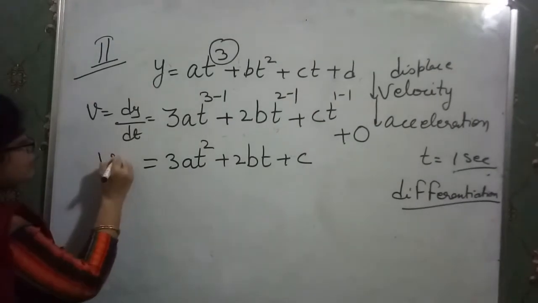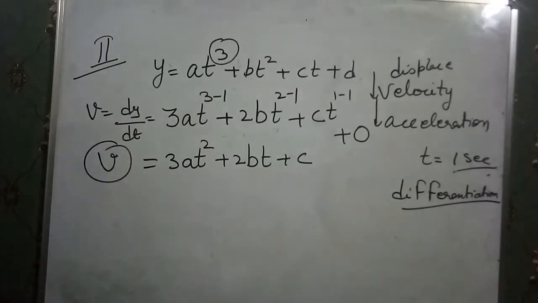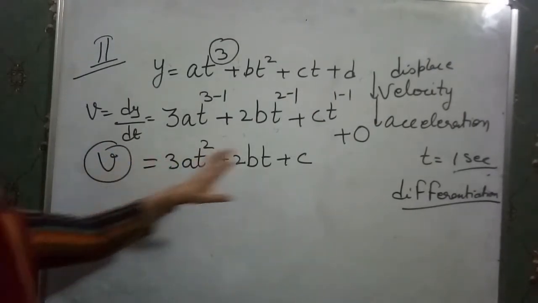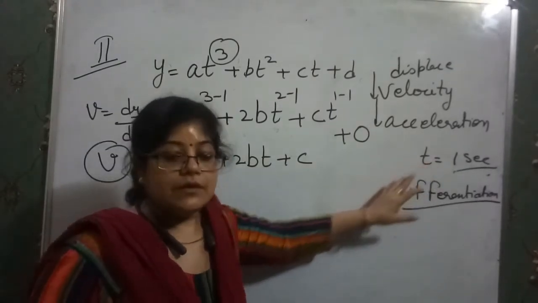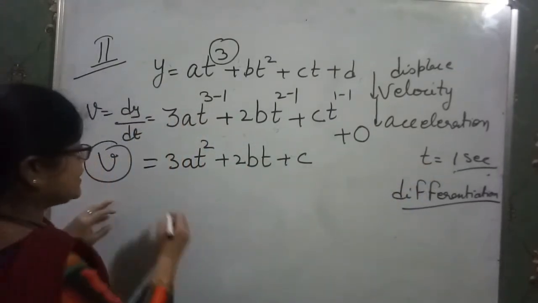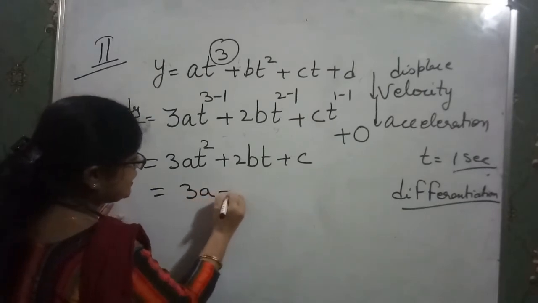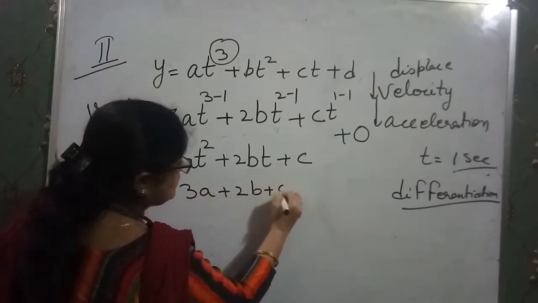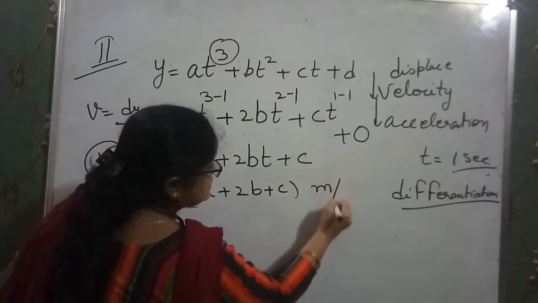This is the velocity. Now we have to find the value of velocity at time t equal to 1 second. So when we put t equal to 1 second, we have the answer 3a plus 2b plus c meter per second. This is the velocity.